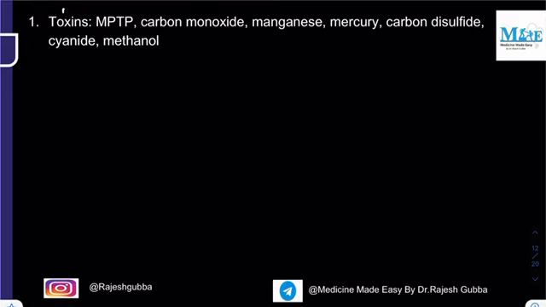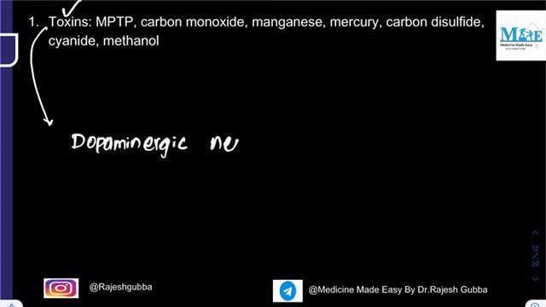Now, we also have some toxins causing Parkinsonism. What these toxins do is damage the dopaminergic neurons within the brain, and these dopaminergic neurons are present within the basal ganglia. The examples are MPTP, then carbon monoxide, manganese, mercury, carbon disulfide, cyanide, and methanol.